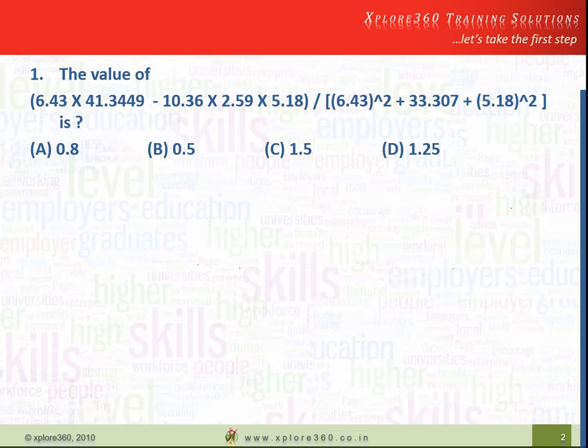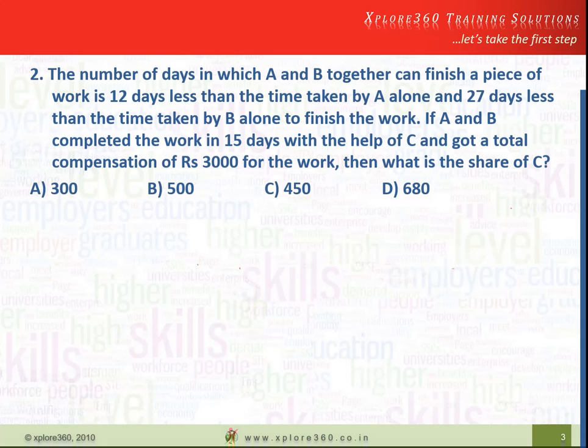Moving to the next question. This is one of my favorite topics, and TCS's favorite as well, because you'll find at least 2 to 3 questions from time and work.